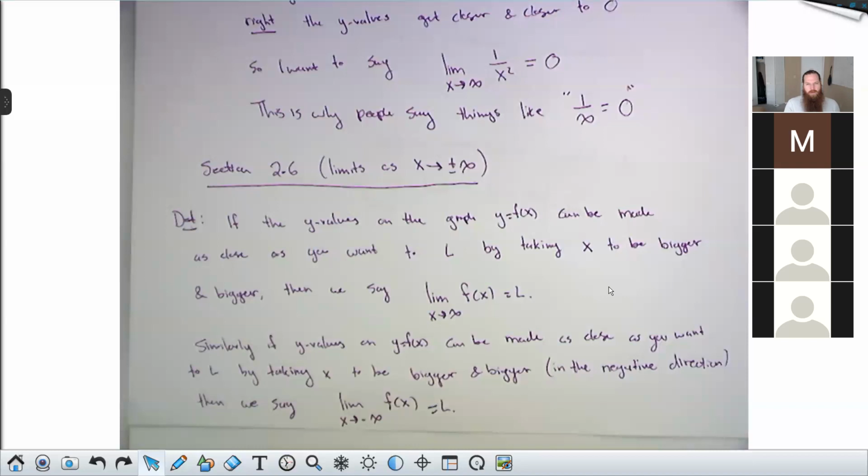This idea of as close as you want is math speak. It's a way of getting around a weird inequality. Another term for this is arbitrarily close.